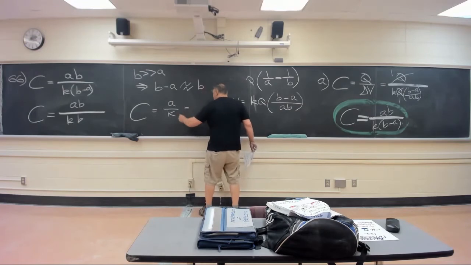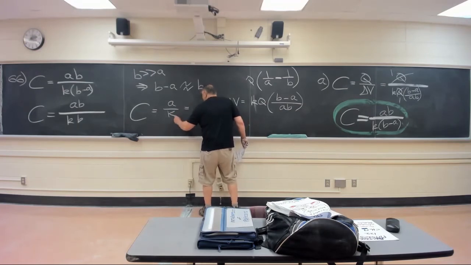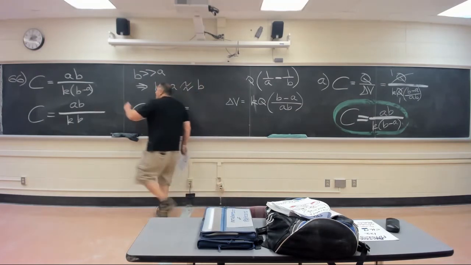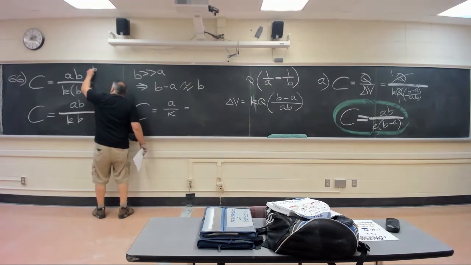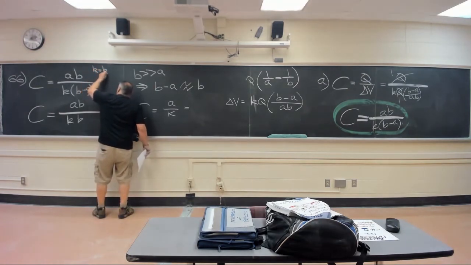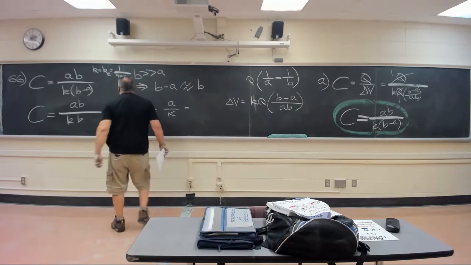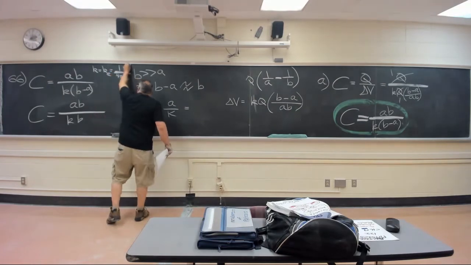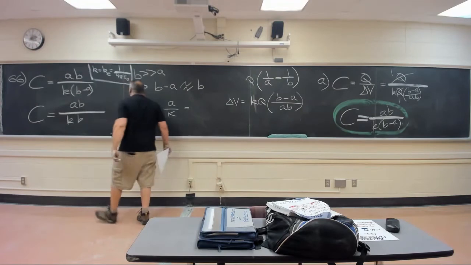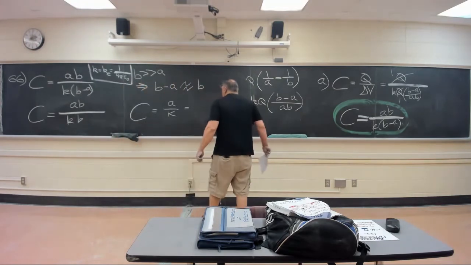That's KE, not kappa. Let's get it straight. This is the K, which is the same as KE, just to be careful. And that's 1 over 4 pi epsilon naught. So what do you got?